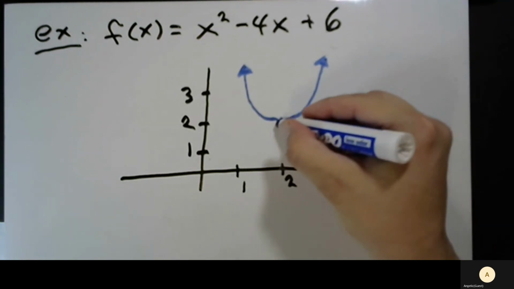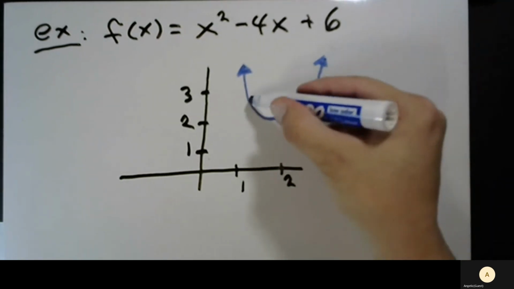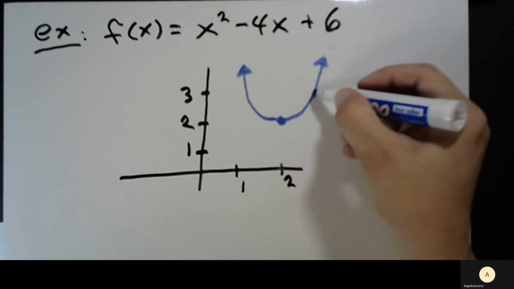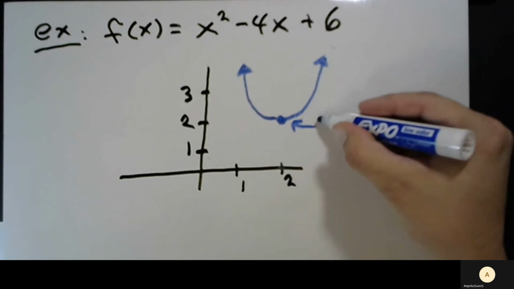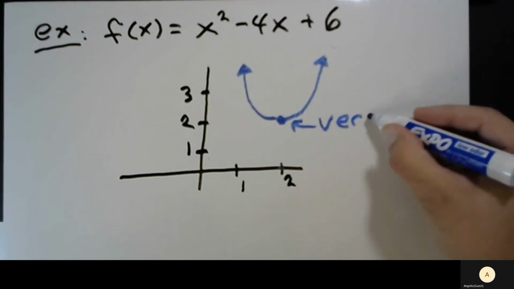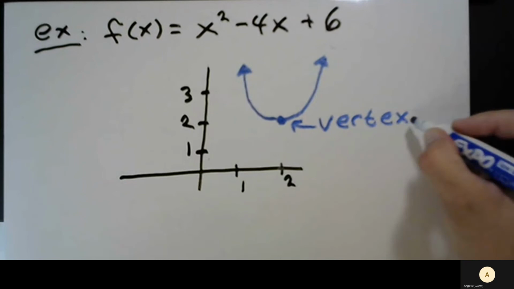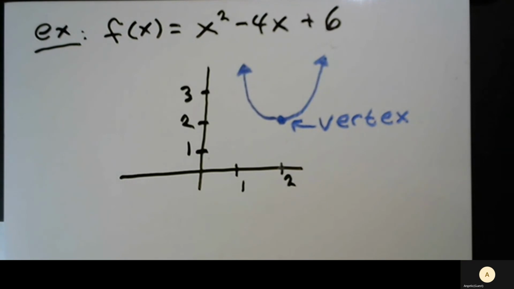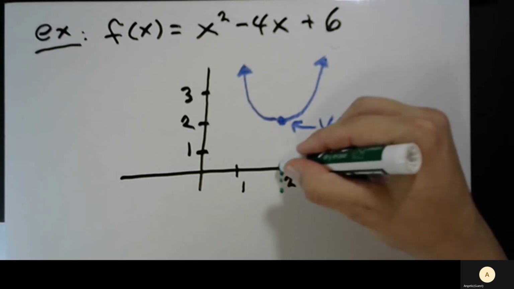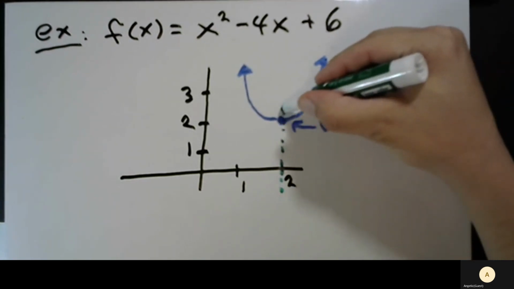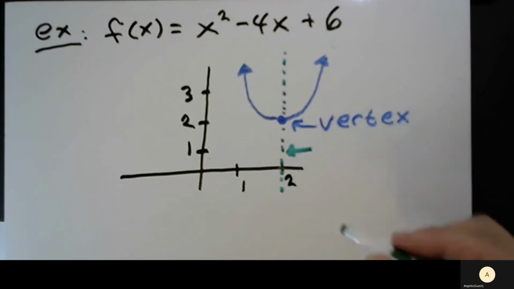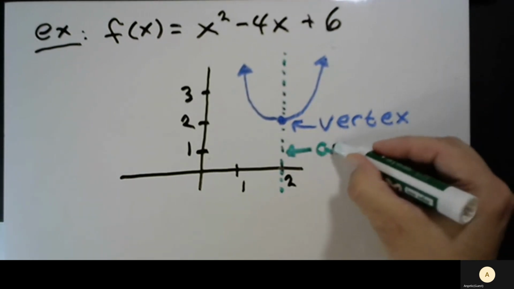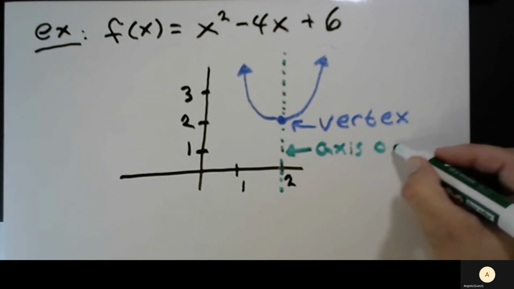So this point here, where the graph sort of does its turning and it goes in the other direction, we call that the vertex. And then the line passing through the vertex, a vertical line, this is the axis of symmetry.